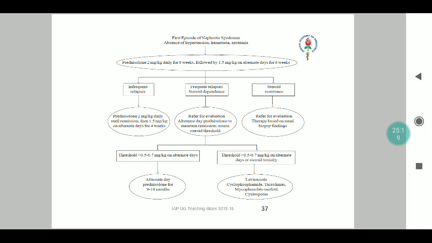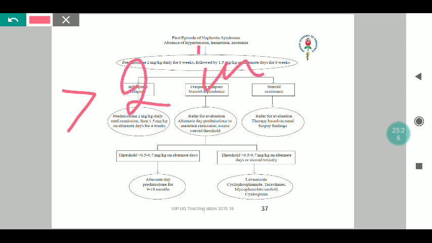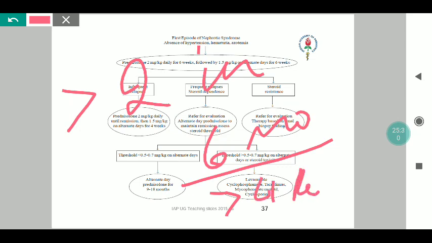Then the third terminology is what we call frequent relapse. A frequent relapse is more than 2 relapses in 6 months or more than 4 relapses in a year.